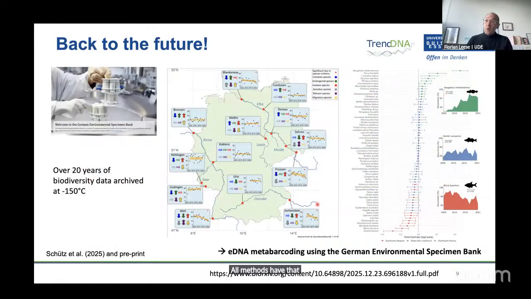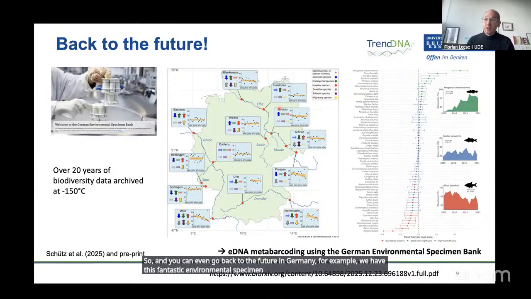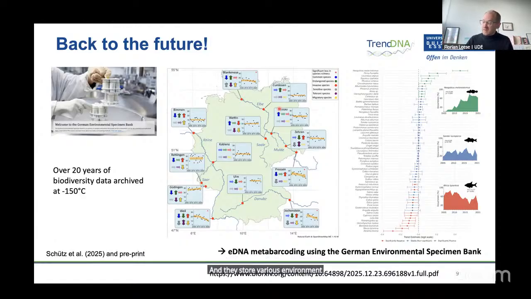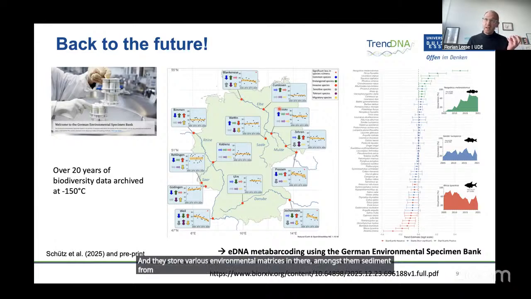And you can even go back to the future. In Germany, for example, we have this fantastic environmental specimen bank. Germany was extremely clever with respect to this one. Back in the 70s, they bought lots of liquid nitrogen tanks, and they store various environmental matrices in there, amongst them sediment from rivers every year.